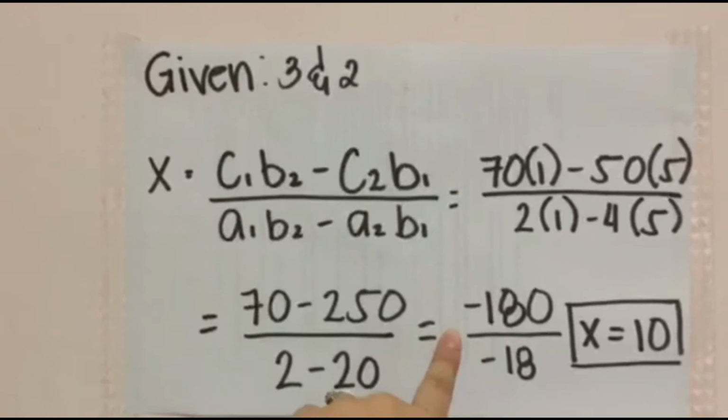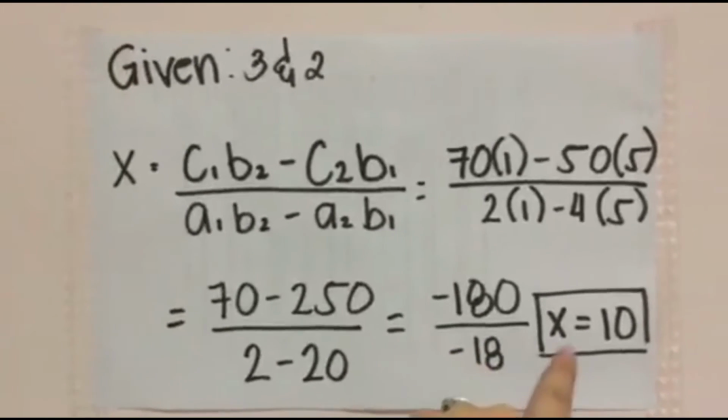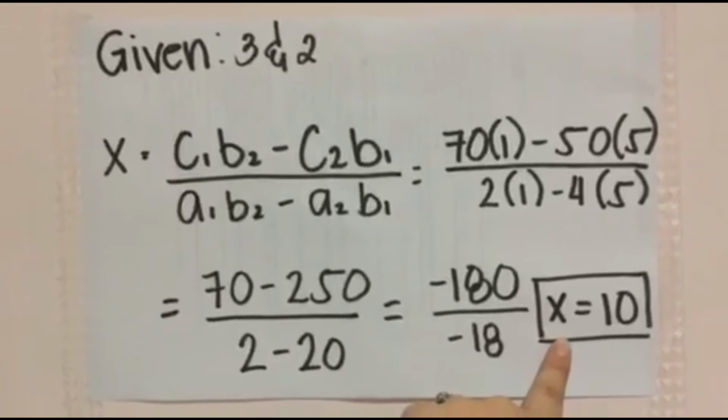Negative 180 divided by negative 18 equals 10. So the answer is x equals 10.